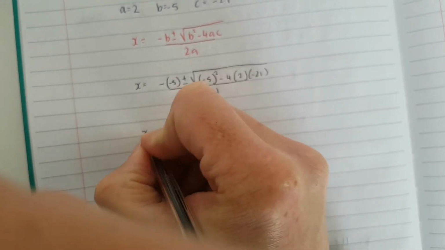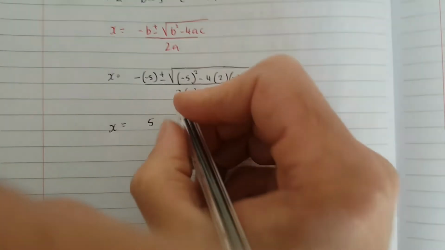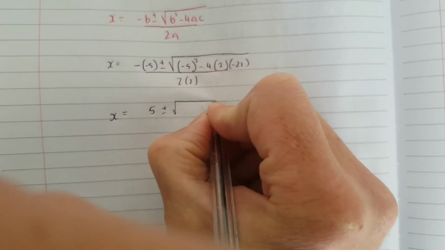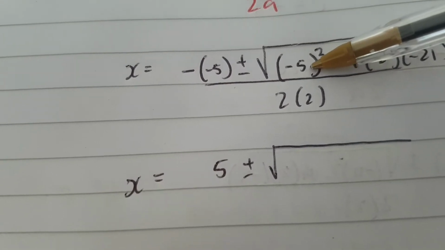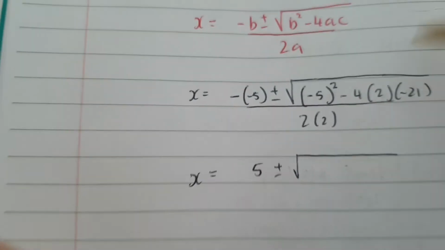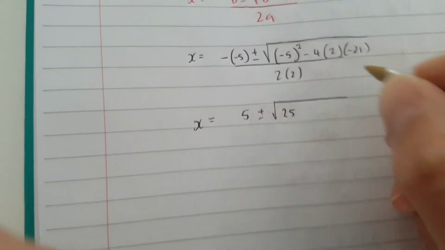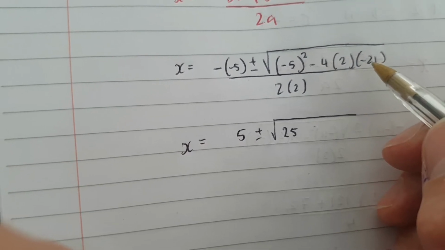So this gives me x equals 5, minus minus 5 is 5, plus or minus the square root of, now here's where people make the mistake, lads. When I'm squaring minus 5, it becomes a plus answer. Minus 5 by minus 5 gives me plus 25, and then I have minus 2 by 4, which is minus 8, times minus 21.